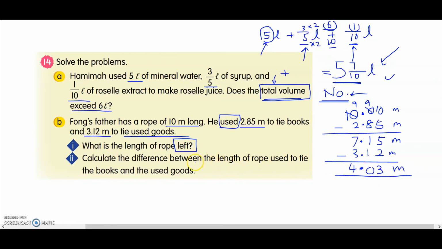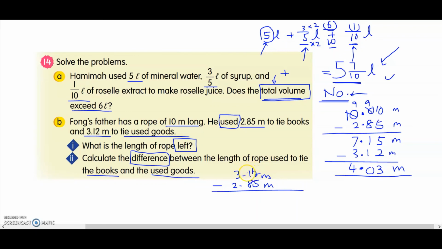Question 2, calculate the difference, perbezaan. So difference, you have to again minus between the length of rope used to tie the books and the goods. So take the bigger number, 3.12 meters, minus the smaller number, 2.85. 2 cannot minus 5, so we borrow, right?